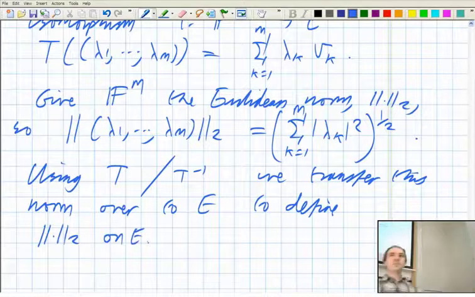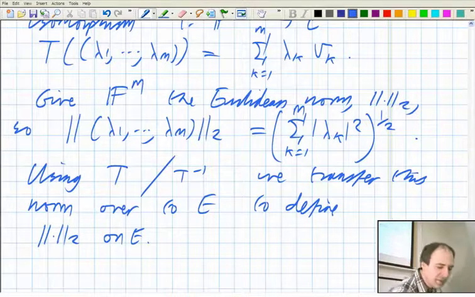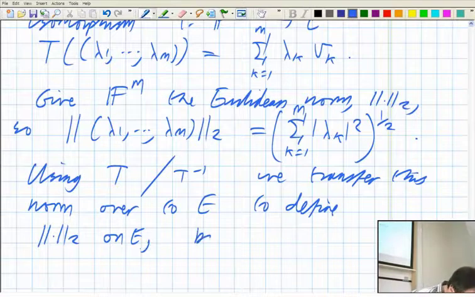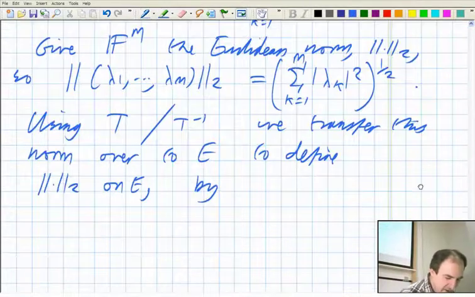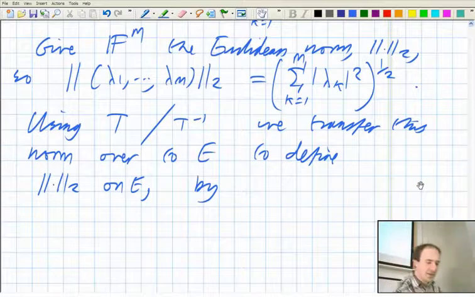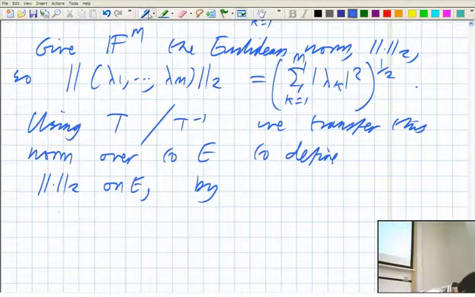This isn't the same norm 2, of course. I'll just call this norm 2. You can give it another notation if you like, but I think of this as a 2 norm defined on E.